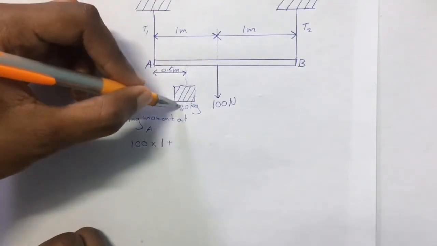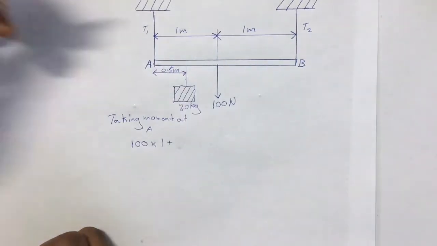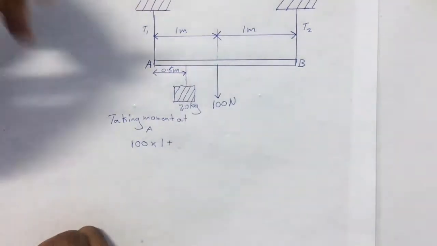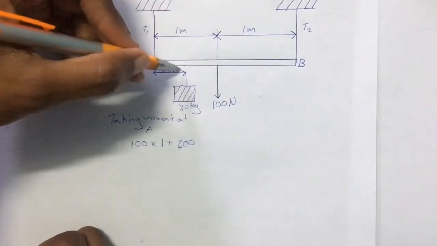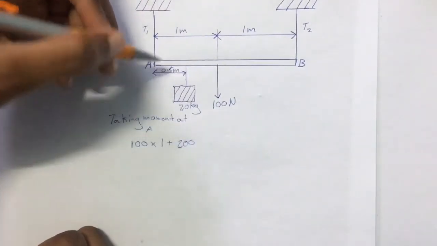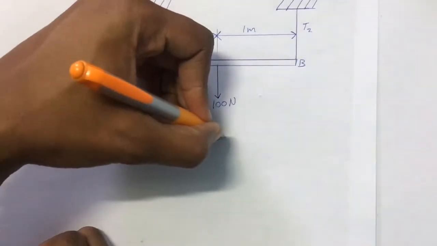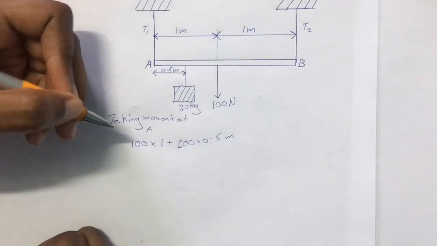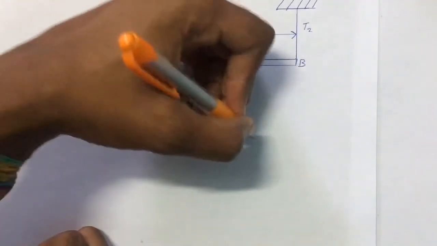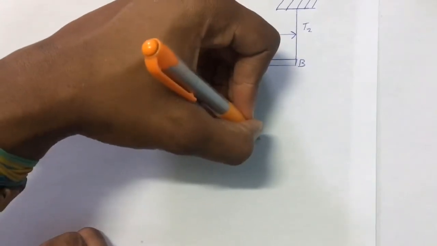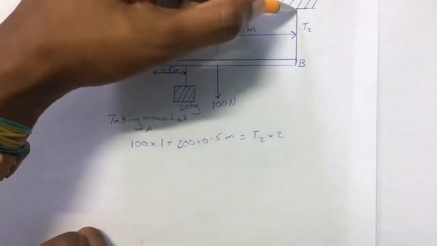So 20 times 10, or 9.81 to be specific, that will give us 200 times its distance away from point A, which is times 0.5 meters. This will equal T2 times 2. So we're looking for T2.